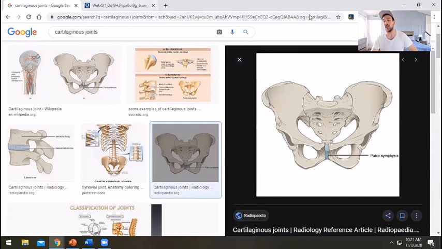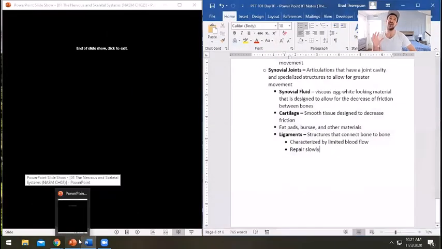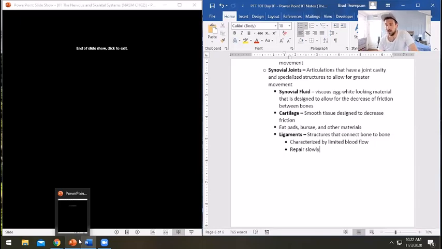Usually when we're teaching this, we split it into two categories, synovial and non-synovial, and then non-synovial is split into two more categories, fibrous and cartilaginous. But you can just think of it as fully movable, semi-movable, non-movable. I like that version better, personally, but that's not how it's normally taught. Does that answer your question?